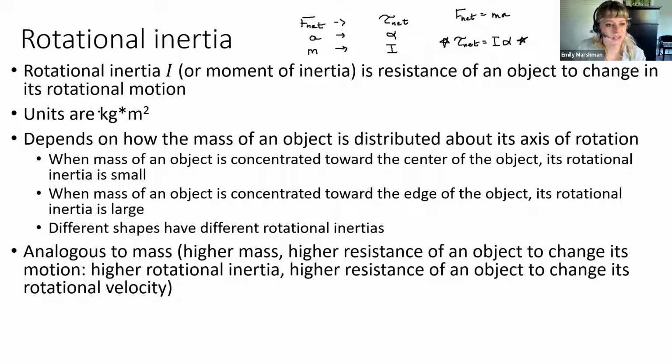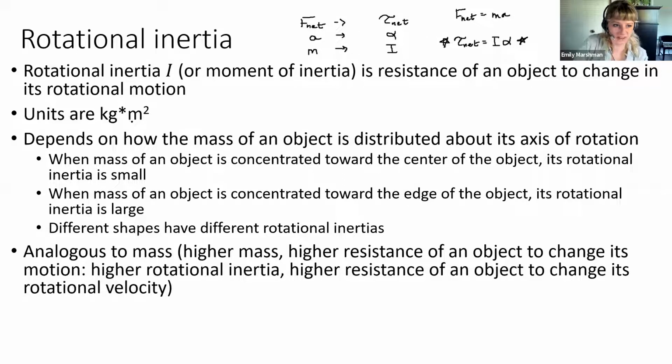The units for rotational inertia are actually a kilogram multiplied by a meter squared. We're not going to get into the details of why this is, but the important thing to know is that rotational inertia depends upon the mass of the object, but it also depends upon how the mass is distributed about its axis of rotation.